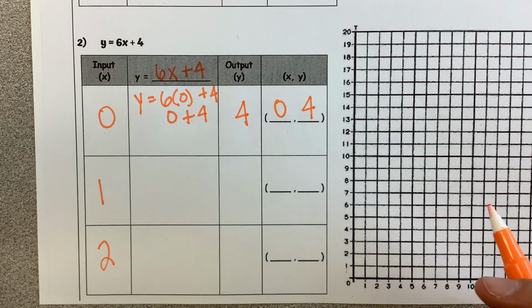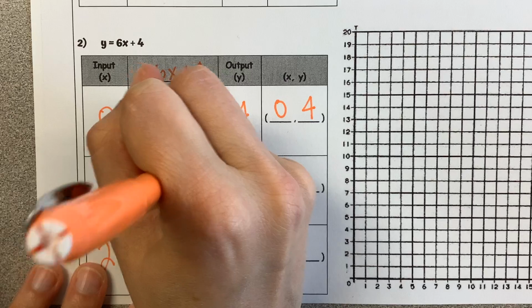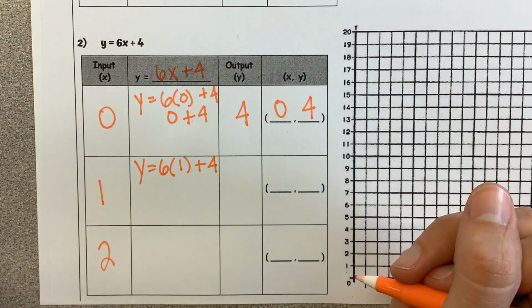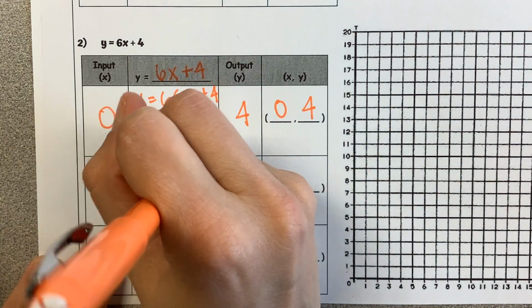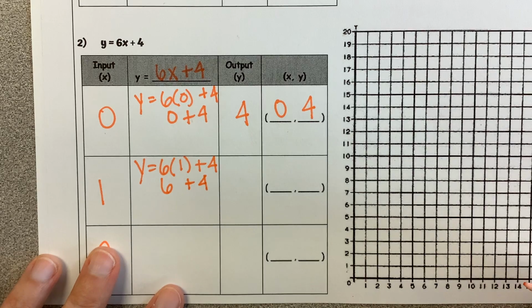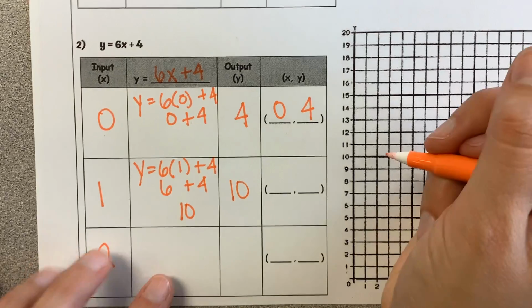Plugging in 1. We're doing y equals 6 times our input of 1 plus 4. 6 times 1 is 6 plus 4. 6 plus 4 is 10. So our output is 10.